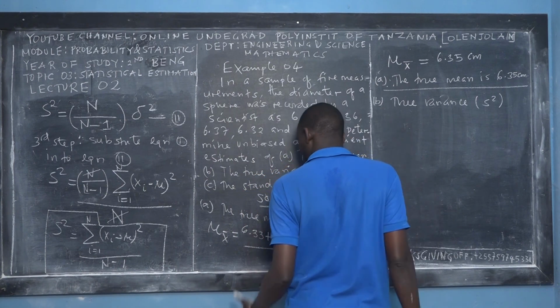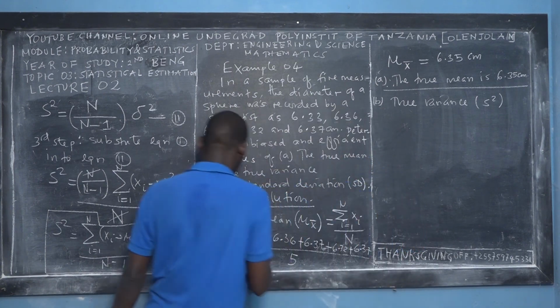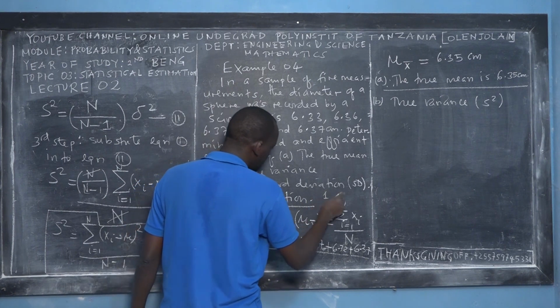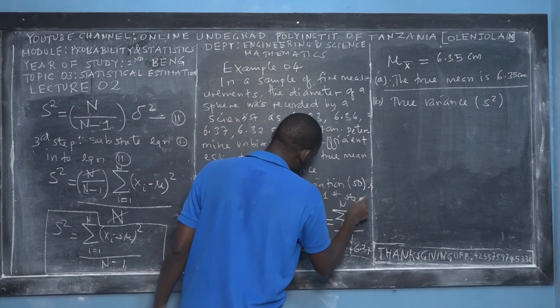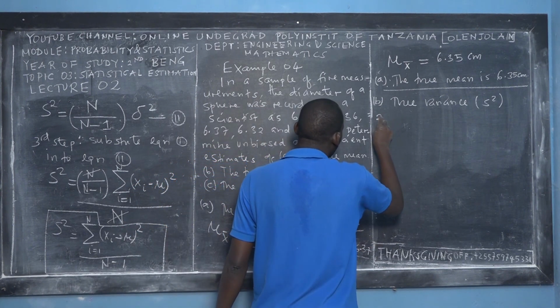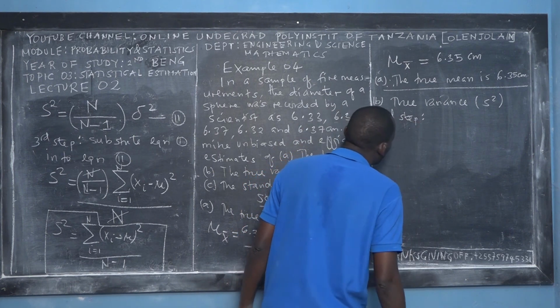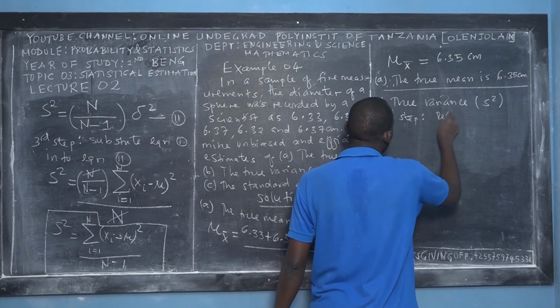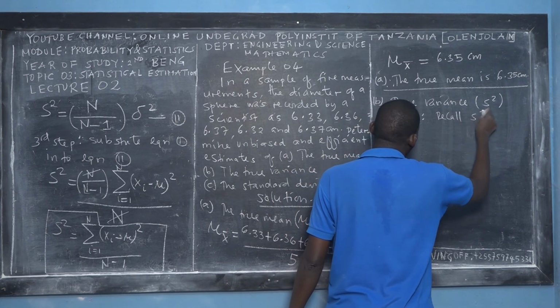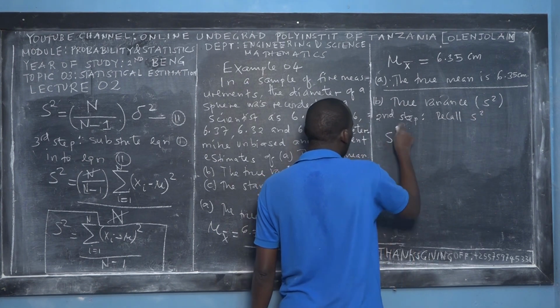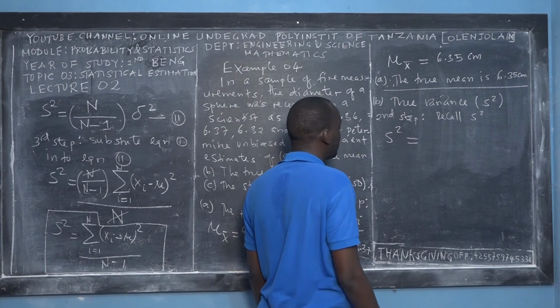So in this case, this is the first step, and this is the second step, where we call the formula for the statistical variance.